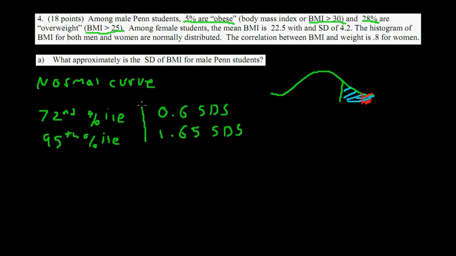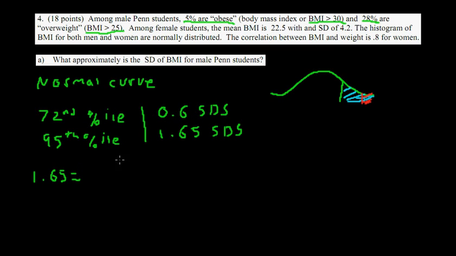Well, since these are standard scores, we know that 1.65 is equal to the standardized score. So that corresponds to a BMI of greater than 30.